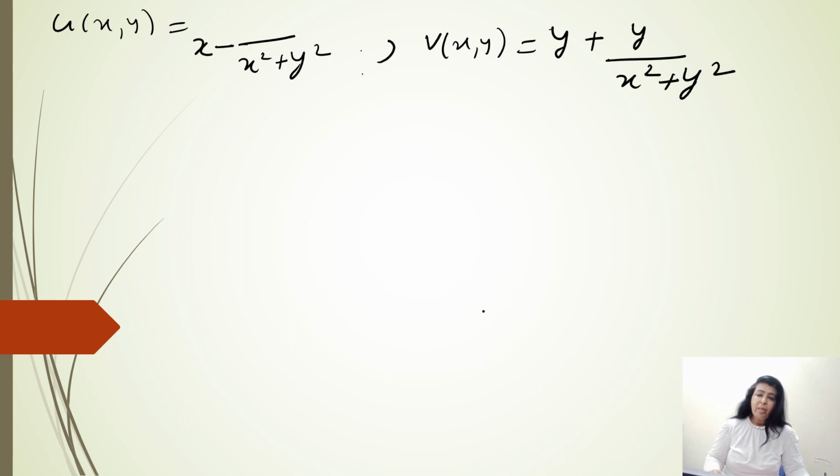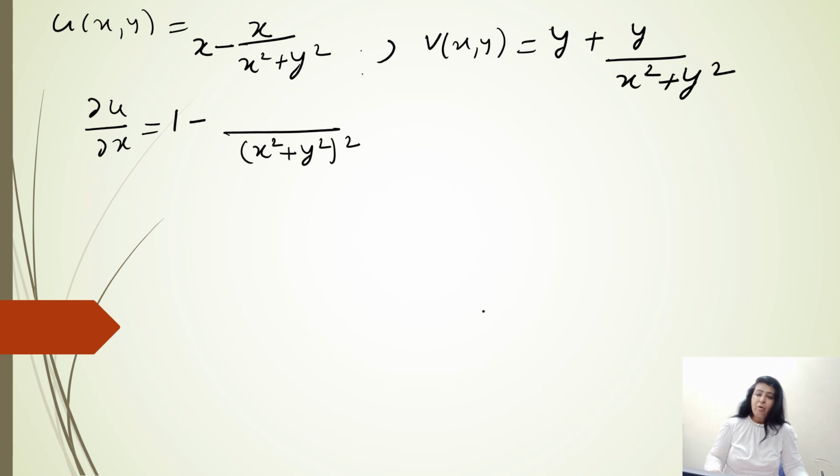So what do you have to find? You have to find del u by del x. With respect to x, the derivative of x will be 1, and then you have to apply the quotient rule: the denominator, x square plus y square whole square, times d by dx of numerator minus numerator times d by dx of denominator.